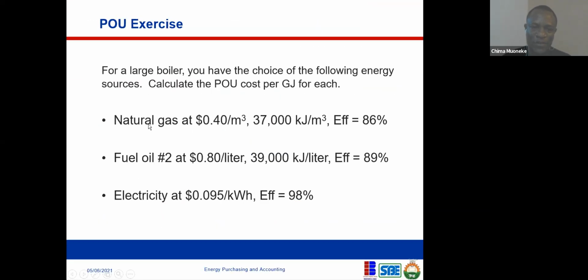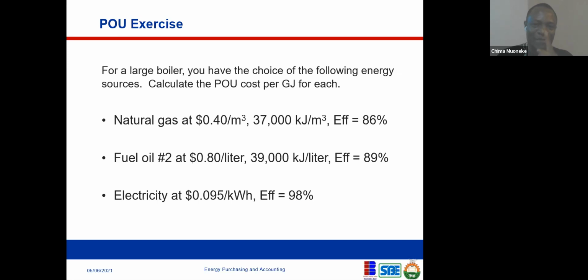So please do that for the natural gas. Then we are given the conversion factor: 1 meter cube is equal to 37,000 kilojoule, right?